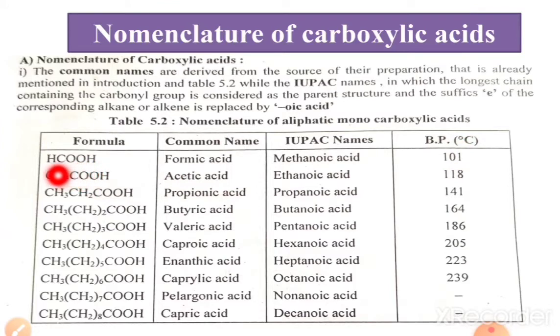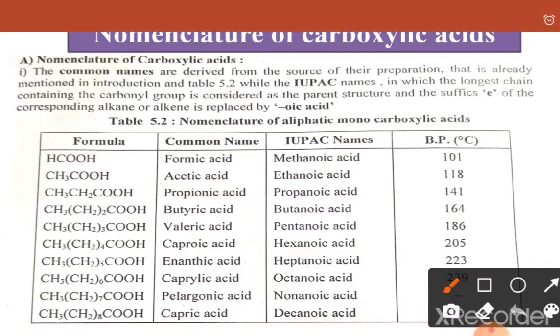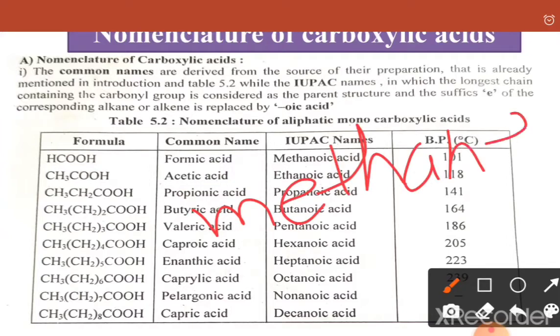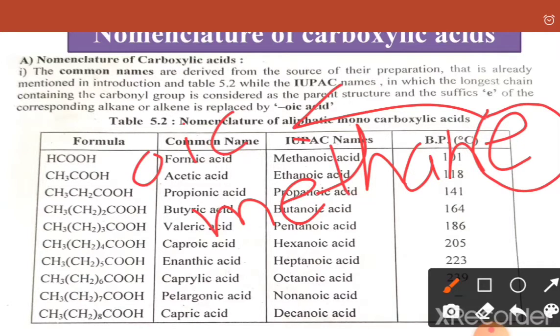Now then, H C double bond OH is called formic acid. For the IUPAC name, there is only one carbon, so it is methane. In methane, for the IUPAC name, the E is replaced by OIC, so it is called methanoic acid.